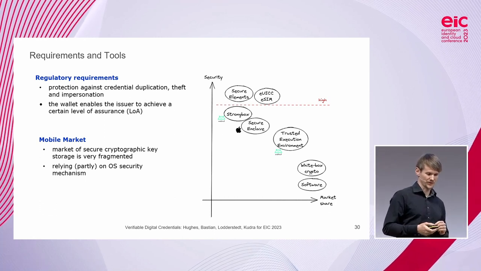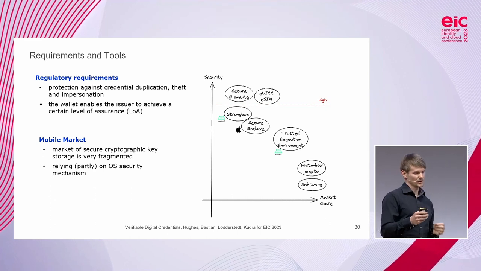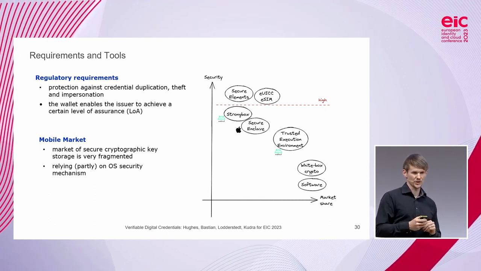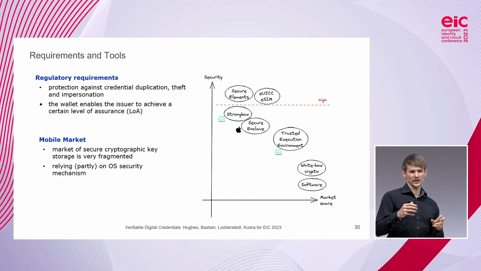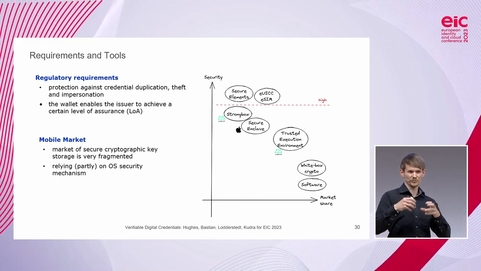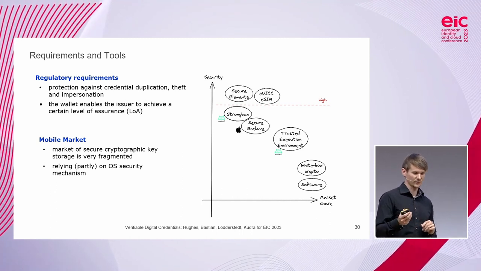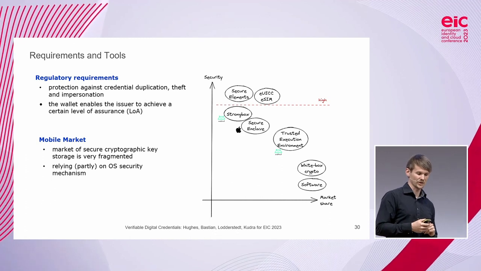but it is very important to achieve a certain level of assurance. Because the part that the wallet takes is usually the protection against credential duplication. That means we need to avoid that credentials can be extracted and multiplied from a wallet. We need to protect against theft, and we need to protect against impersonation.